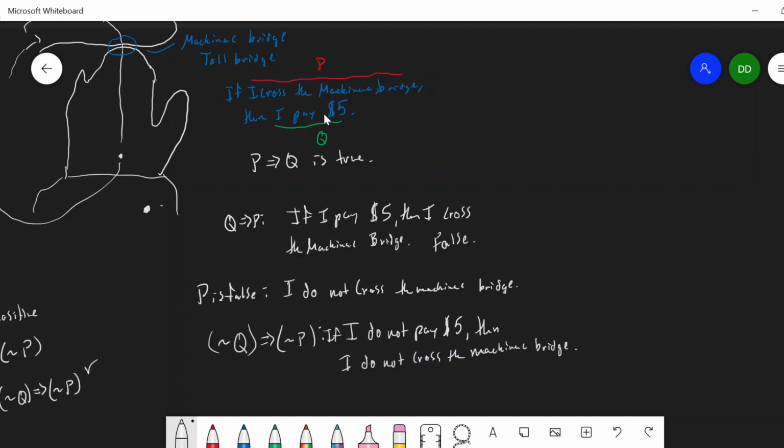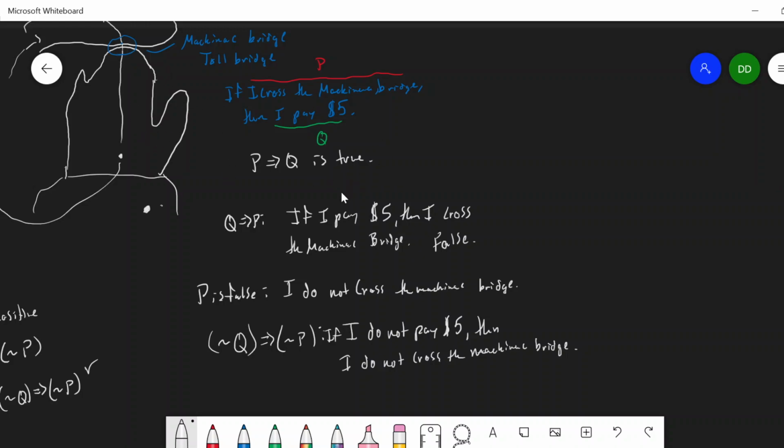So right, what this implication is saying again is if I'm going up here and I try and cross the Mackinac Bridge, I have to pay $5. Another way of saying this is if I don't pay $5, then there's no way I could cross the Mackinac Bridge, right? The toll booth is enforcing it. They're preventing that from happening. They would stop me, and if I tried to cross without paying the $5, some policemen would come after me.